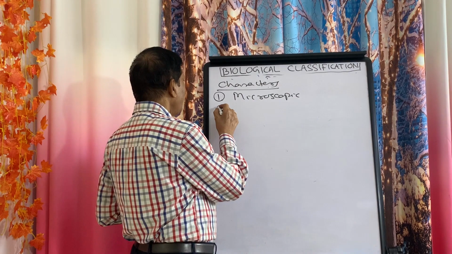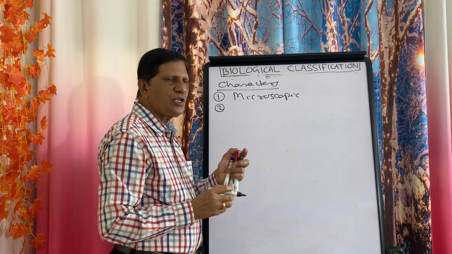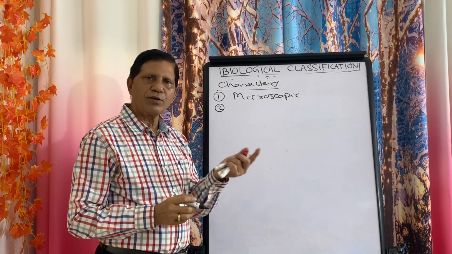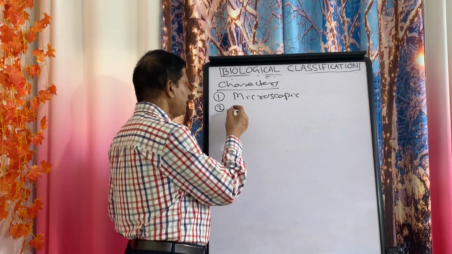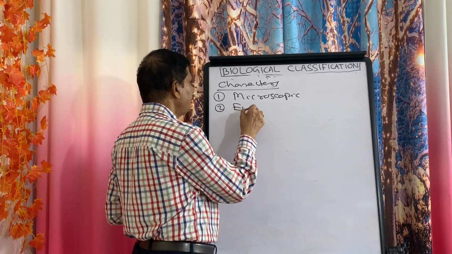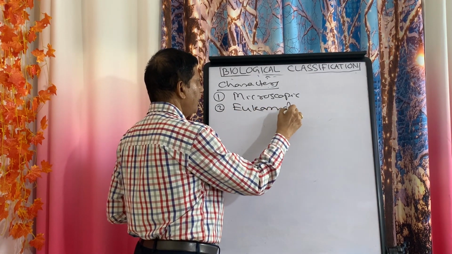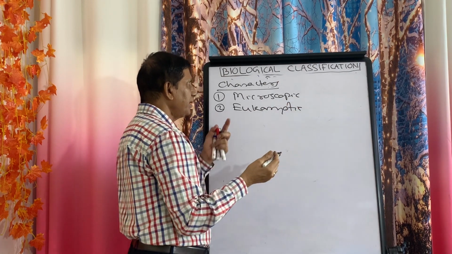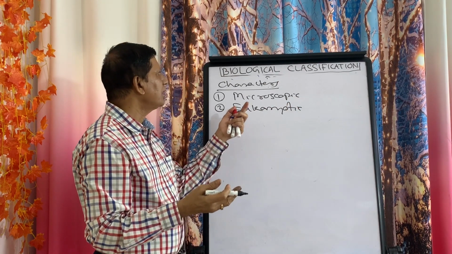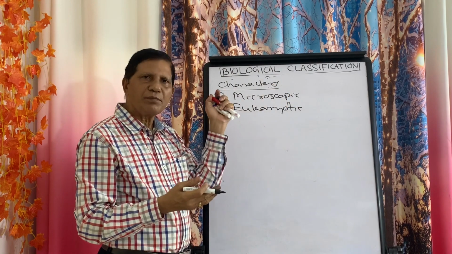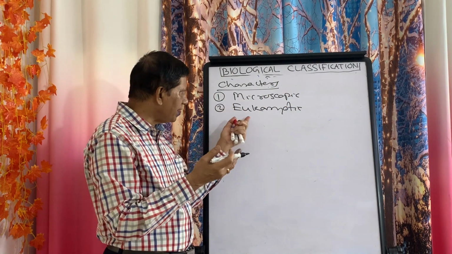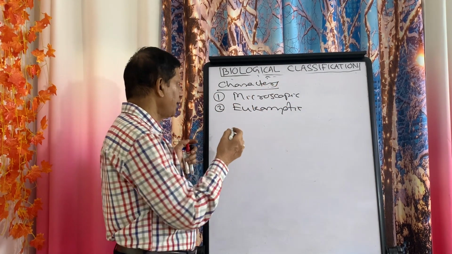Number 2, since they are placed in Protista, all the characters of Protista are also present. So this must be eukaryotic, because all eukaryotic organisms like the animals, plants and fungi are eukaryotes. So it has a link with them. So it is eukaryotic.